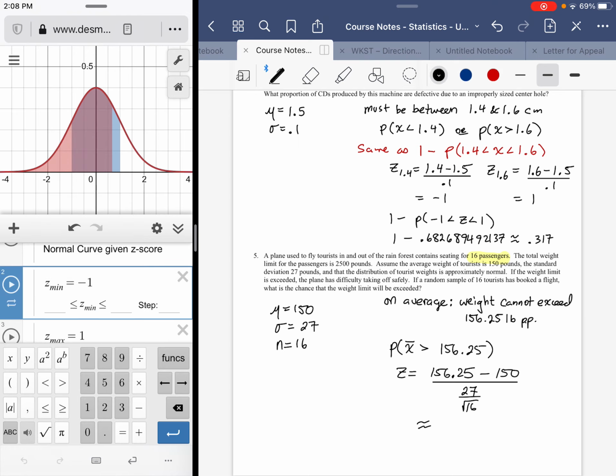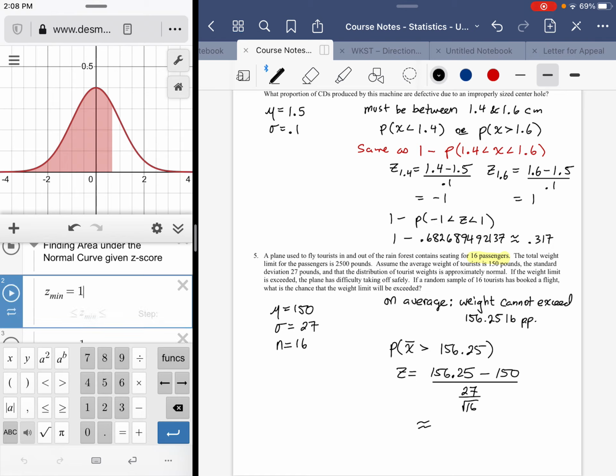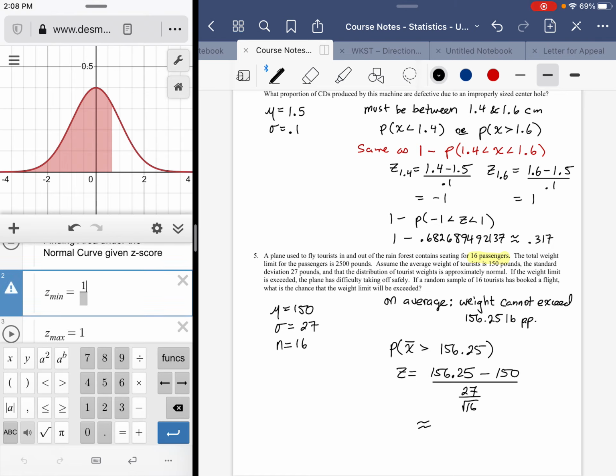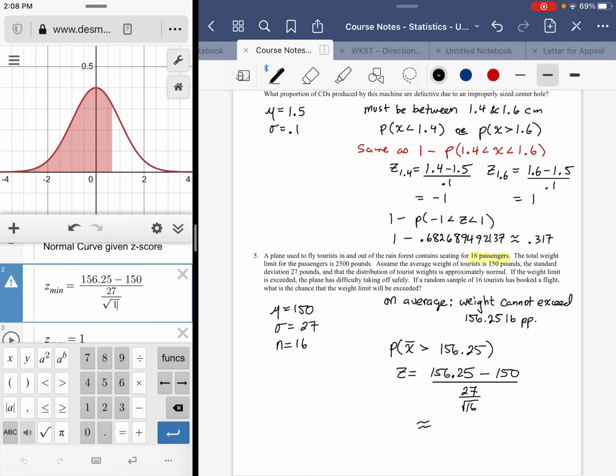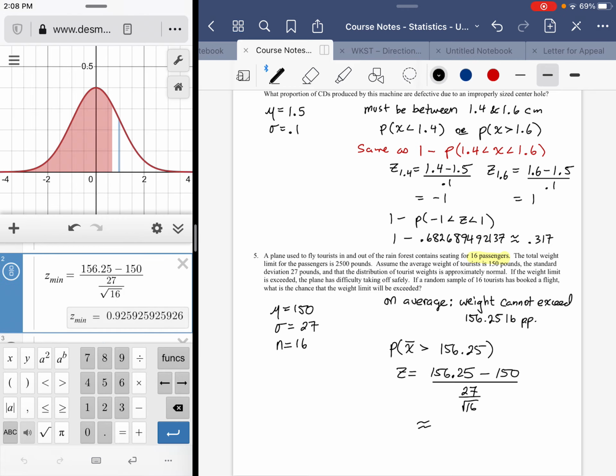If we're looking at a graph, we would be imagining that this is the low side of the graph. So, 156.25 minus 150 over 27 divided by the square root of 16. We're looking at about 0.926.